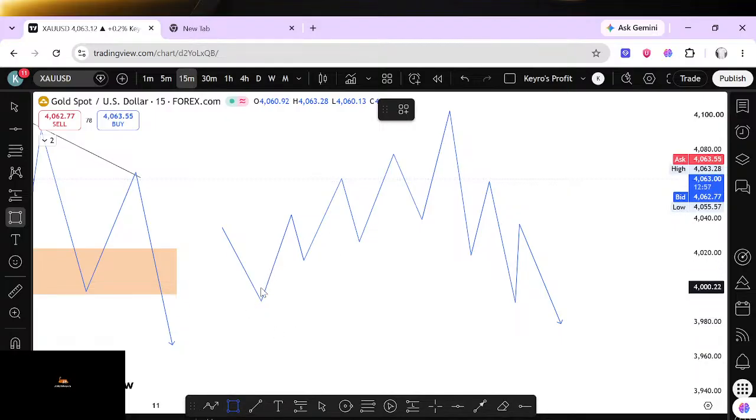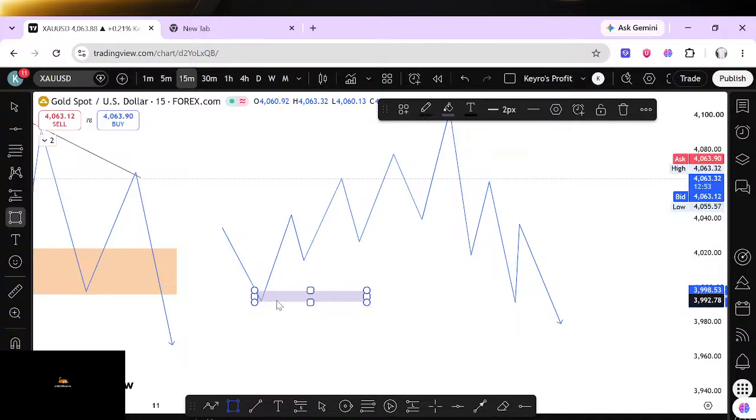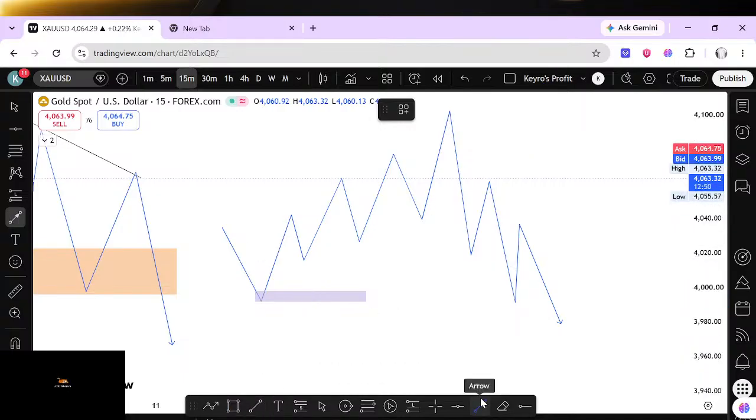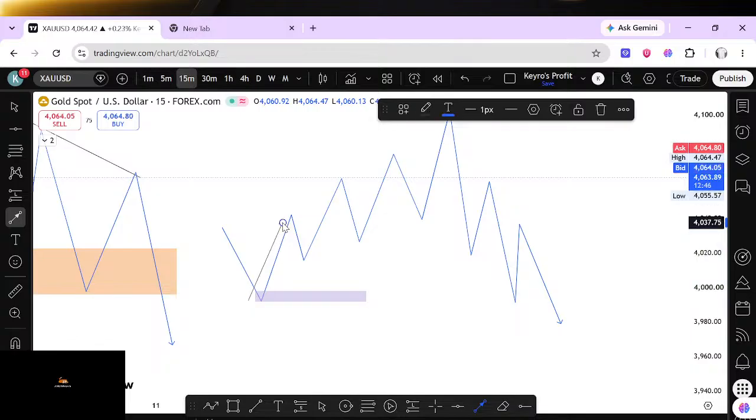In this case, this becomes a support. Why? Because it has caused the market to move upwards, the bullish trend.